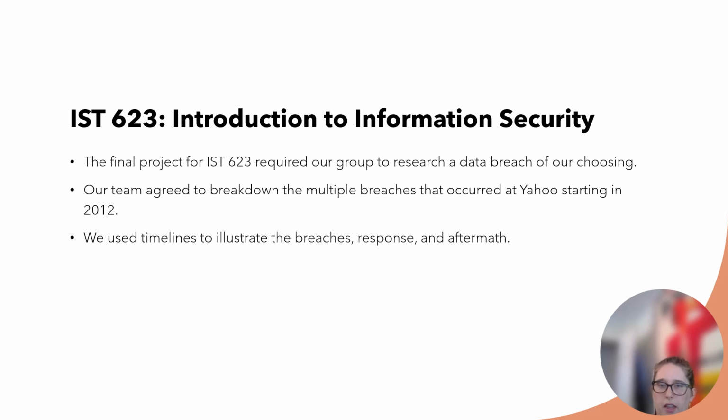Their questionable data handling and security practices made for a really robust and engaging project and discussion during our presentation to our class. Our research involved untangling numerous breaches at Yahoo over multiple years, how it impacted the company, and how it might have impacted their sale to Verizon.